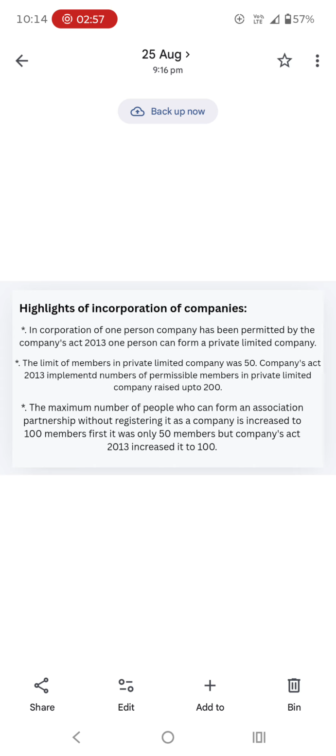The partners who are getting merged together to form a company, the limit was increased. Sorry, it was only 50 members, then again it was raised to 100 members.